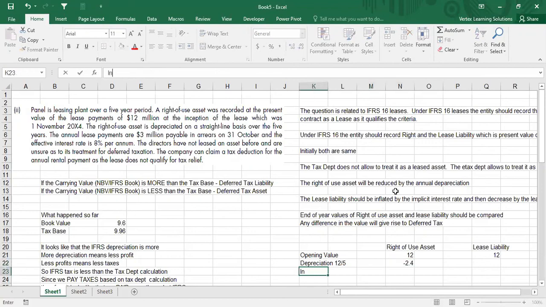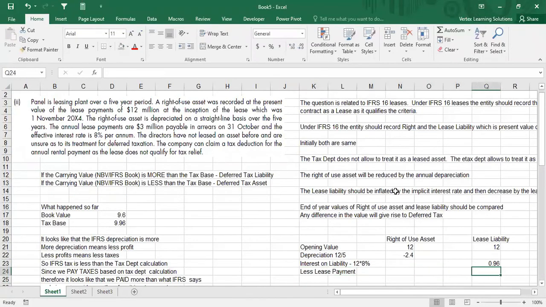Here I would say interest on liability, which is 12 into 8%, so 12 into 0.08, and less lease payment, which is 3.